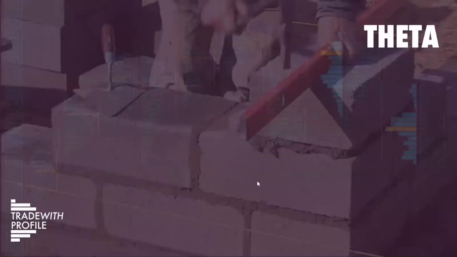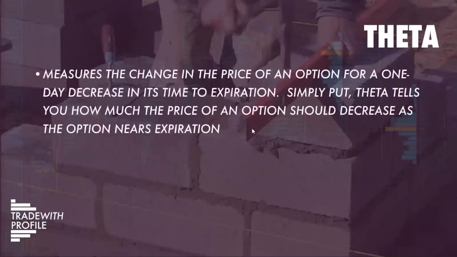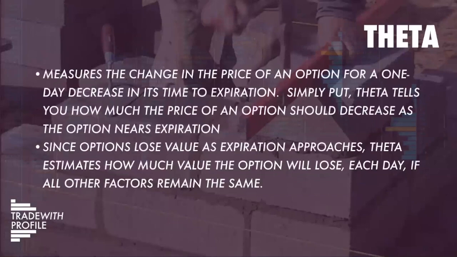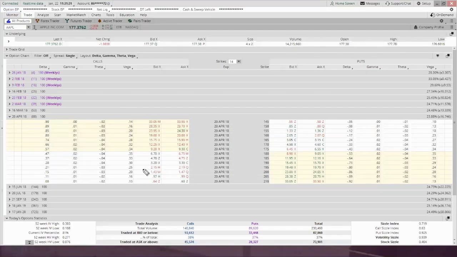Theta is also a key Greek to think about, in that theta says how much the extrinsic value, or the premium of the contract, will decay as we get closer to expiration. What's the rate of change? So as I look at this, see the theta here, okay?